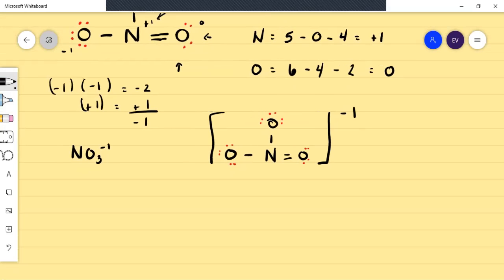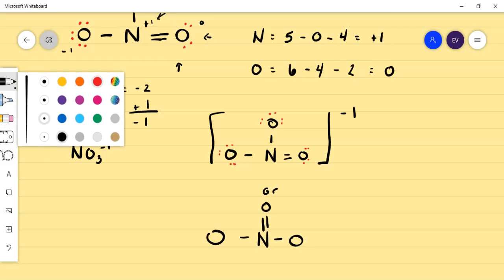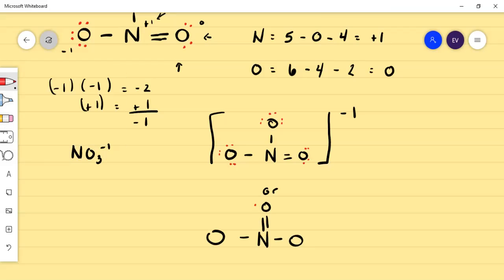Now, earlier we made the decision to put the double bond on the oxygen on the right. Well, it doesn't matter which way you do it, because you can move that double bond up here. When you do that, we call this a resonance structure. A resonance structure is all the different ways that a compound can be created.